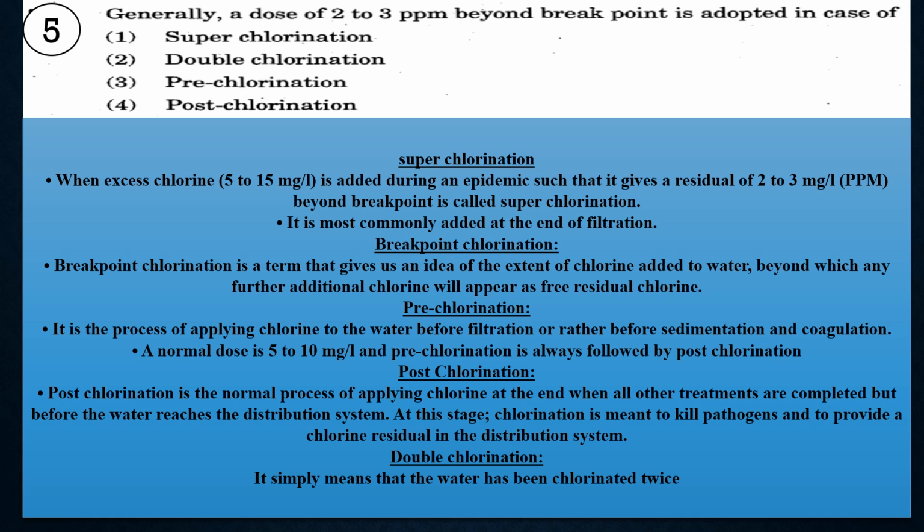In breakpoint chlorination, it is the extent of chlorine added to water beyond which any additional chlorine will appear as free residual chlorine. Pre-chlorination is the application of chlorine to the water before filtration, or rather before sedimentation and coagulation, and the normal dose of chlorine is 5 to 10 mg per liter.